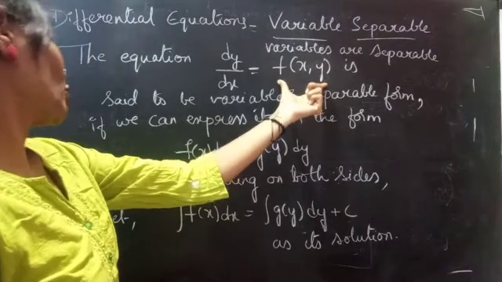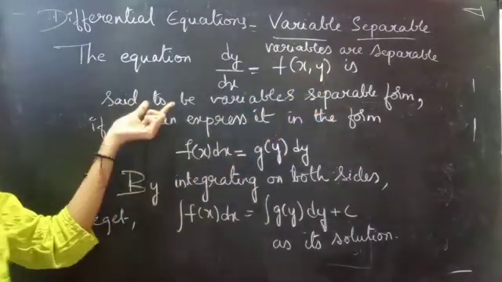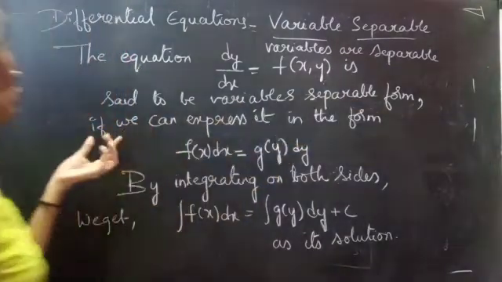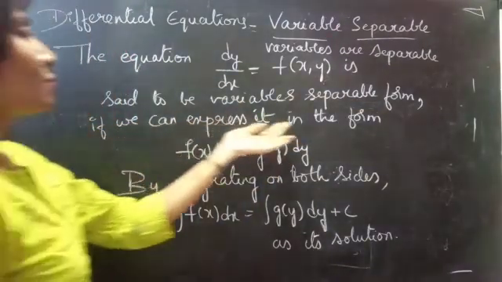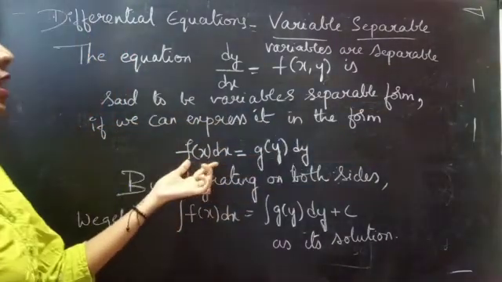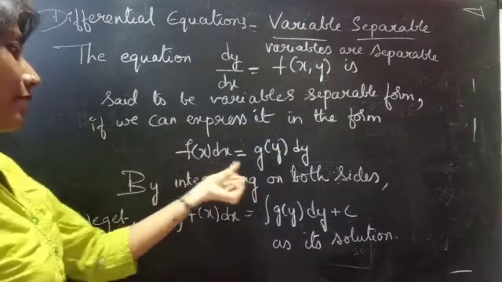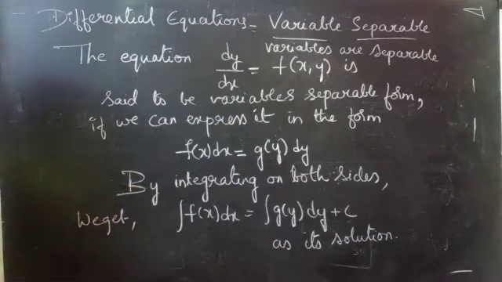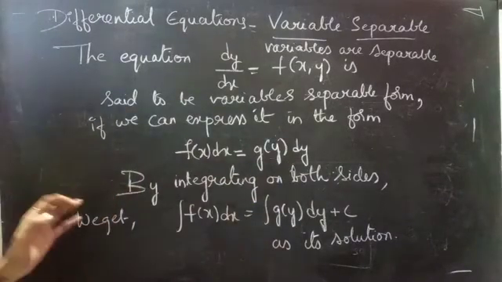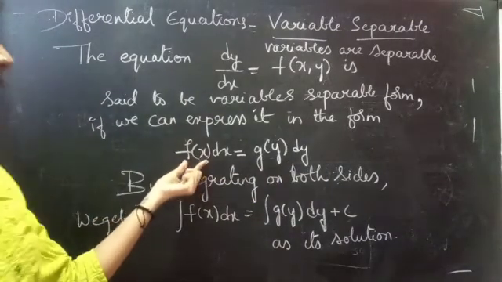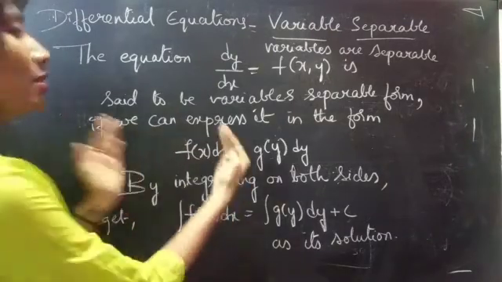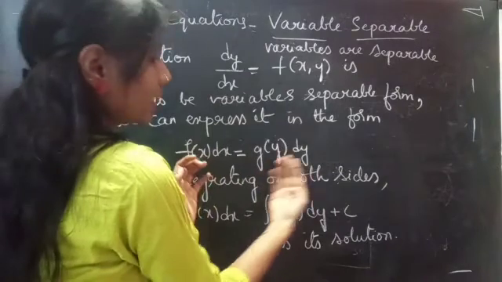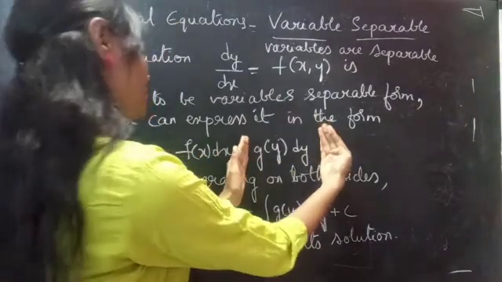and y, is said to be in variables separable form if we can express it in the form f of x dx equals g of y dy, which means that we will collect the function of x and dx on one side and the function of y and dy on the other side.